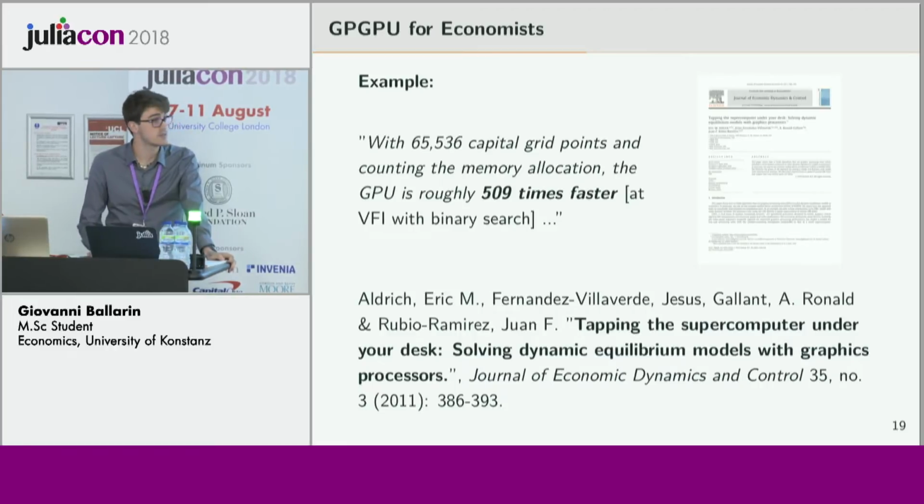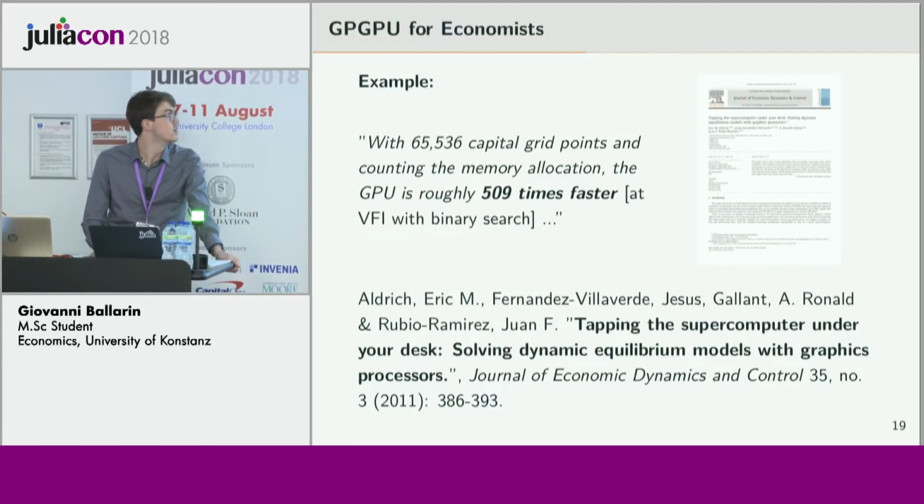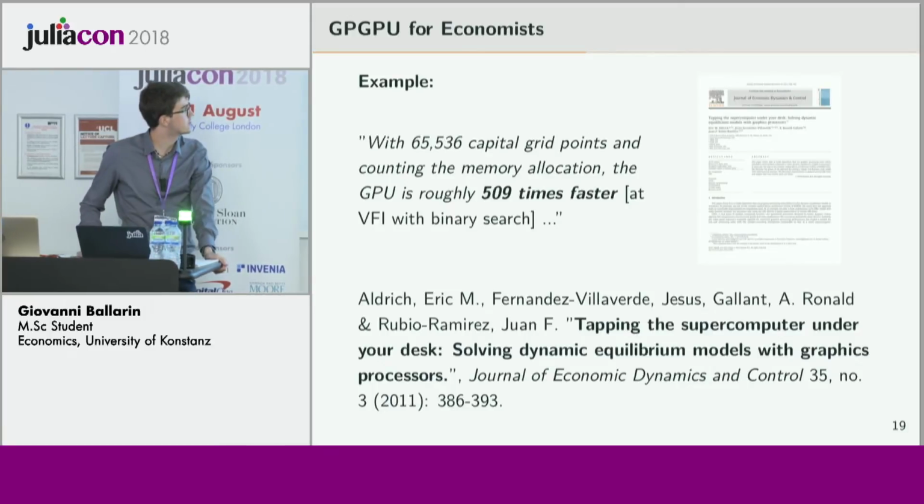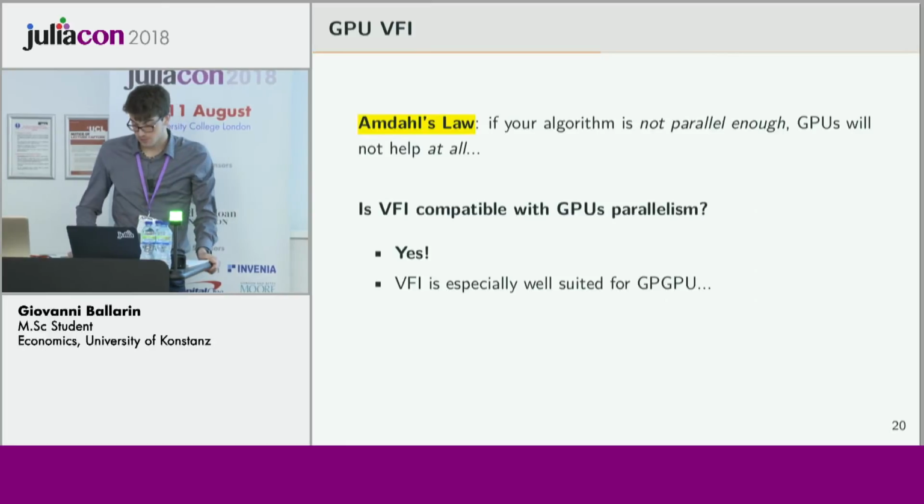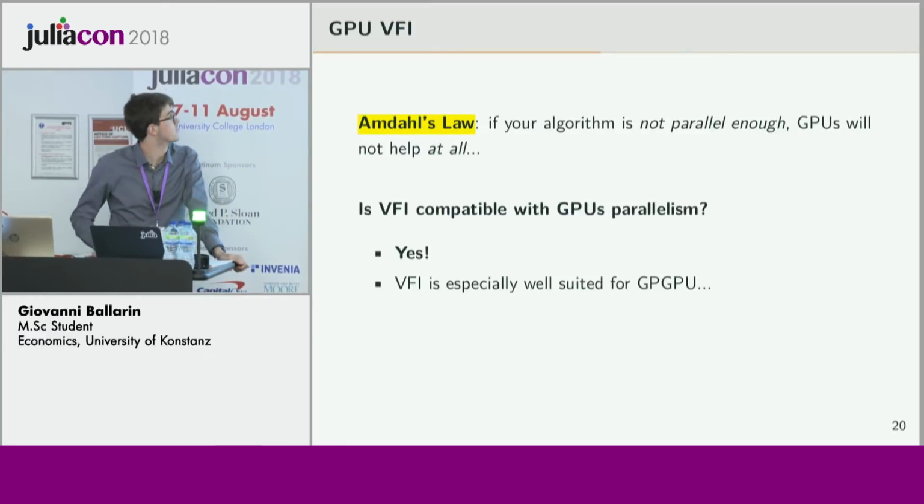Because 509 times means if before you had to solve a problem, and sometimes some economic problems take days to solve, now you can do it in hours or minutes. So this is a completely incredible return for most of us.